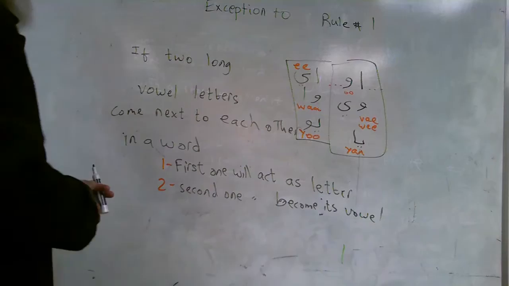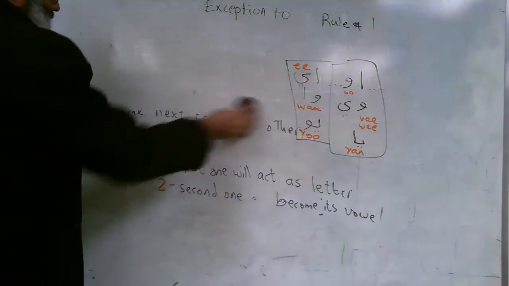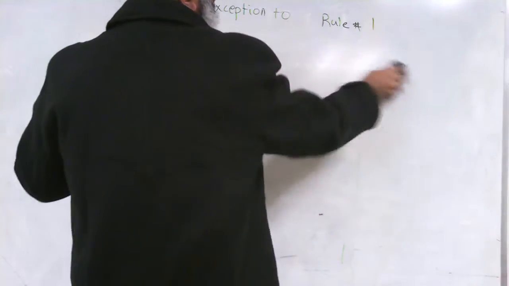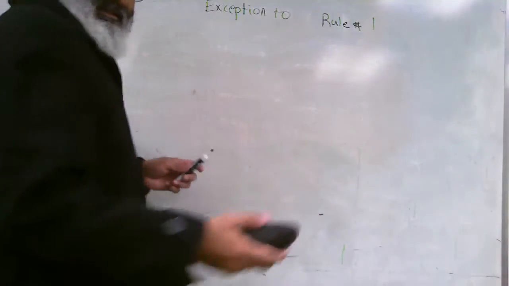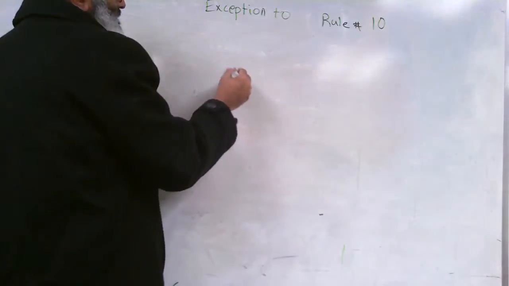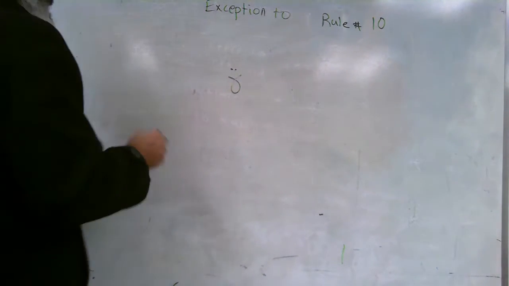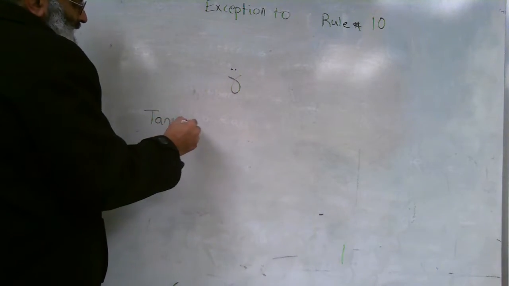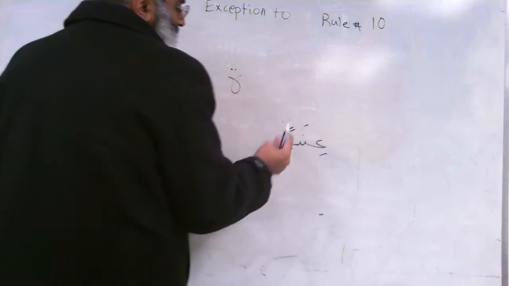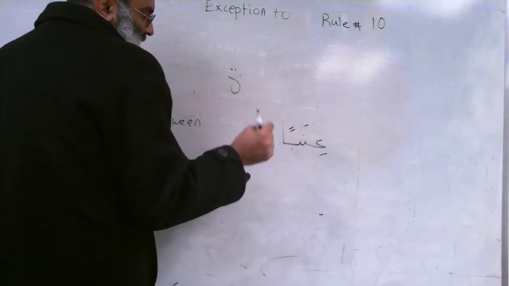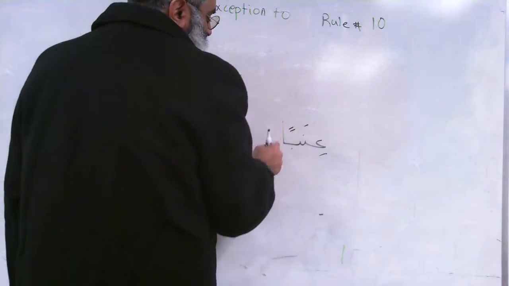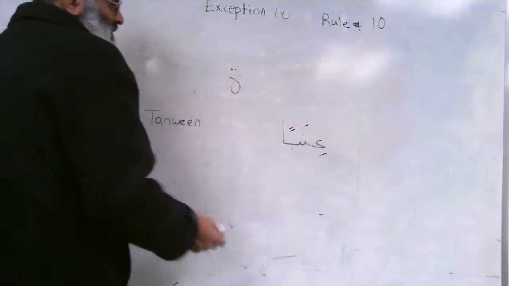Now let us look at the exception to rule number 10, ta marbuta. We had learned that in tanween, the last letter, like in a ban, when you have two fatha, the alif at the end is needed, it is written, but it is not pronounced.